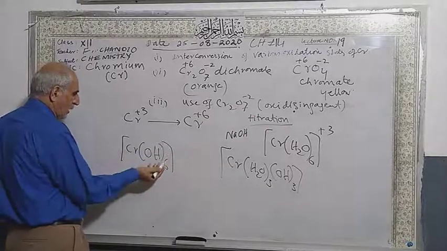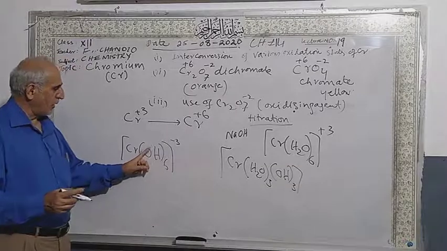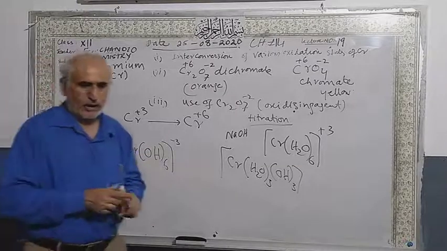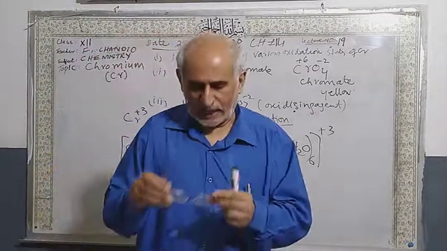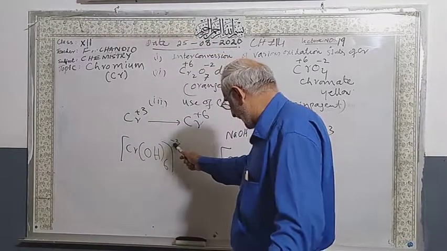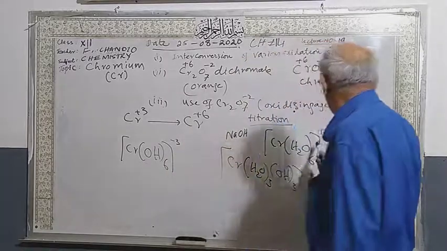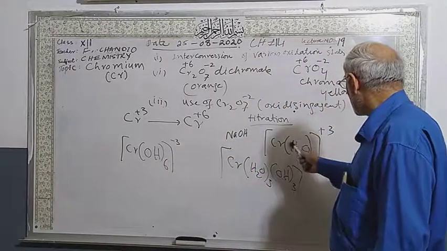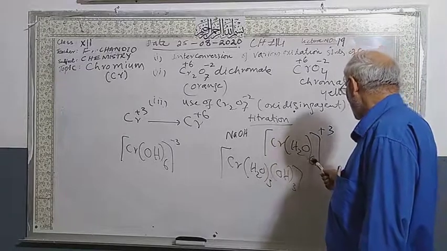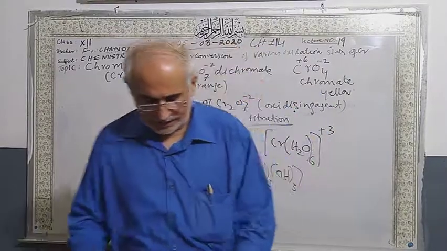So there should be negative 3, because each hydroxyl group contains negative 1, times 6. So hexahydroxochromate 3. The negative charge is here due to the negative hydroxyl ions. The positive charge is here because water is neutral. So there are 6 water ligands here and 6 hydroxyl ligands.